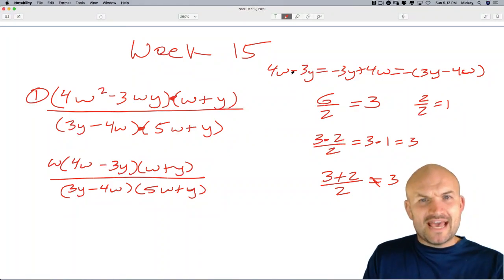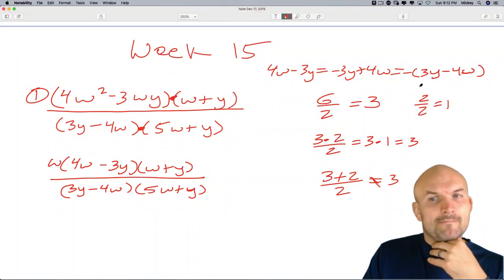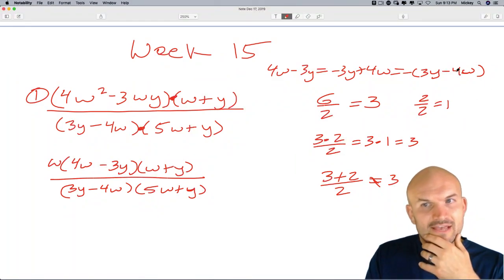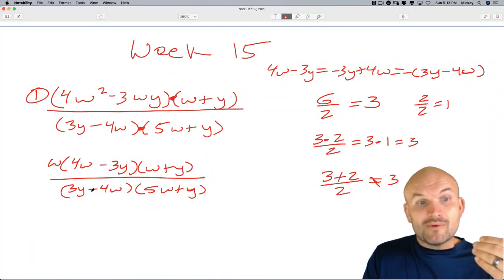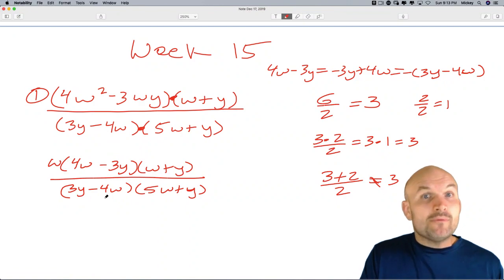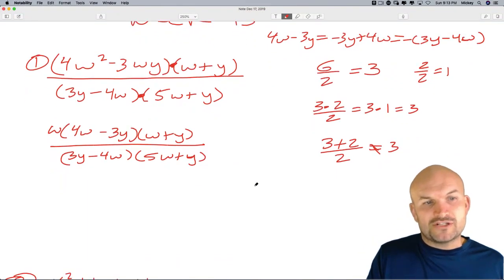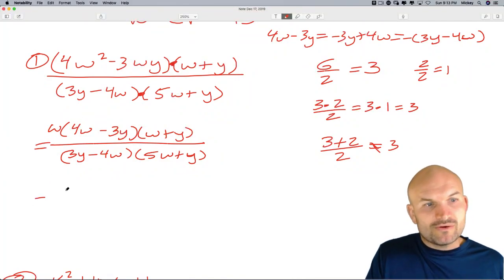Yes, that's equal to that, I get it, but why would you think to go from here to here? Well, the answer is that if you obtain 3y minus 4w, then it's the same in the numerator and denominator, so they will divide out. Those will now be exactly the same, so I can apply the division property and simplify the rational expression.